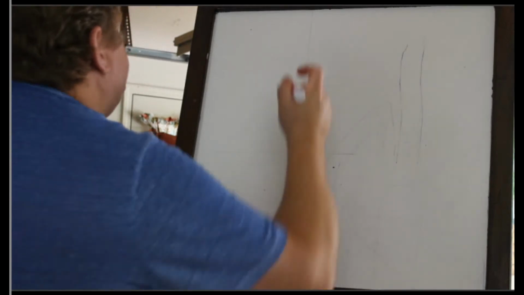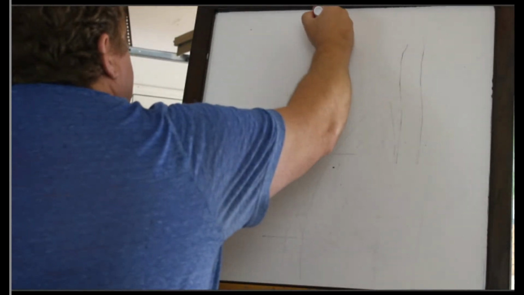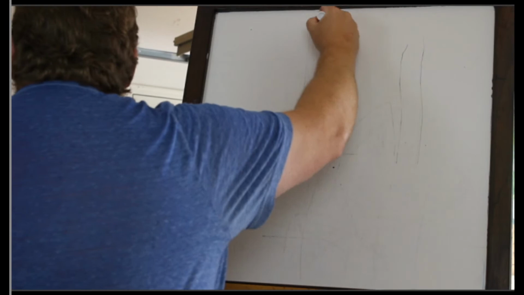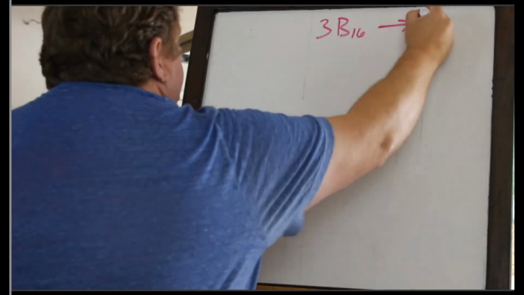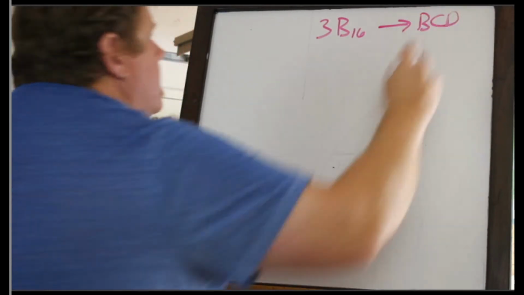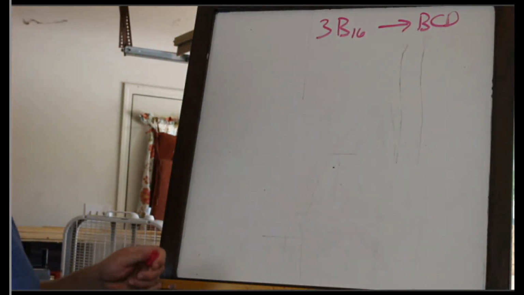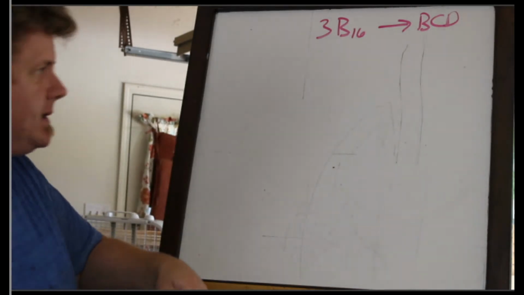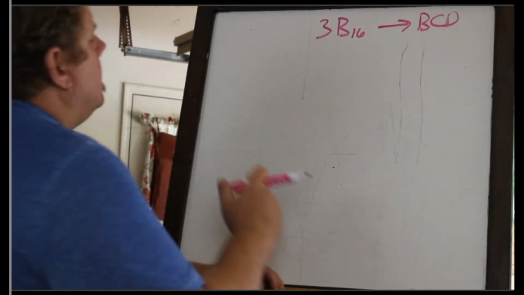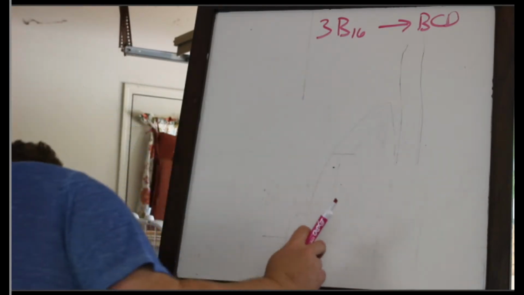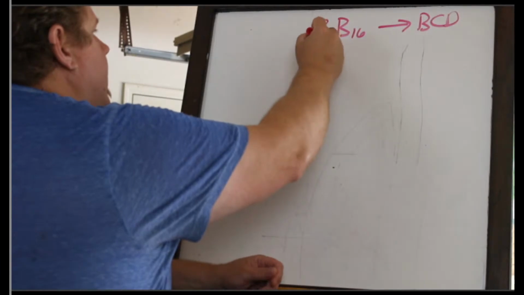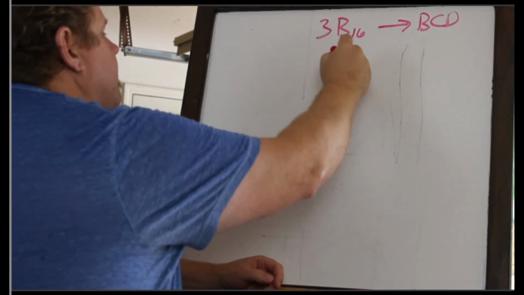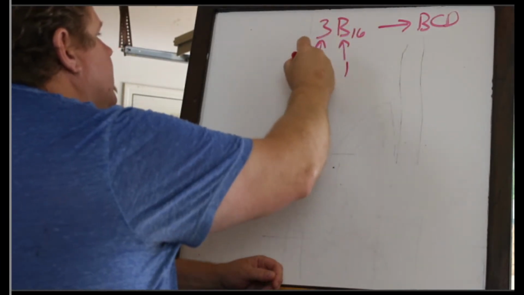So say I want, how about 3B in hex, and I want that converted into BCD. Okay? So remember, this is a weighted number system. And as this thing is falling on me again. So this is times 1, this is times 16.